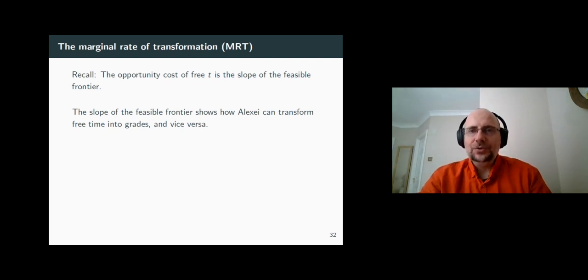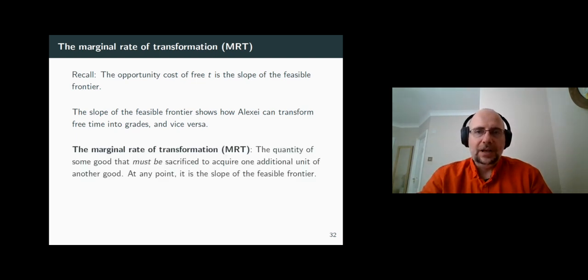It also tells you that you can potentially get more free time, but to do that, you need to sacrifice a few grade points. That particular quantity of the grade points you need to sacrifice to get 1 more hour of free time is what we call the marginal rate of transformation. Geometrically, the sacrifice is presented by the slope of the feasibility frontier.